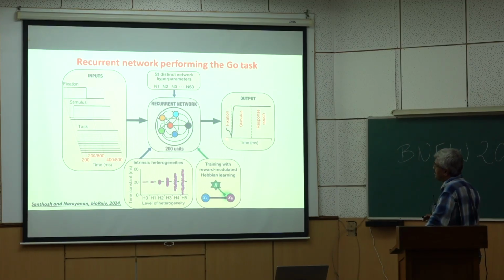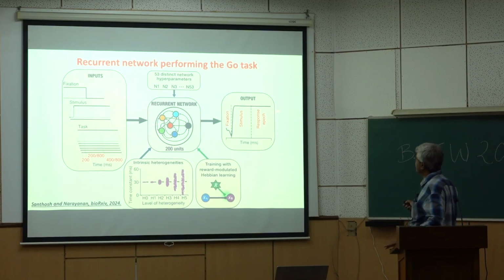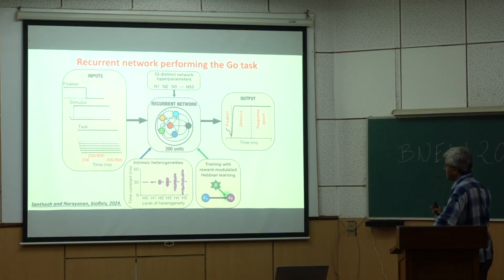And you compute the output, and you want the output to match the go task requirements. She will take the output during this response epoch and compare them, and she's going to ask questions about how exactly the network training and performance depend upon the different levels of heterogeneities that are present over there.